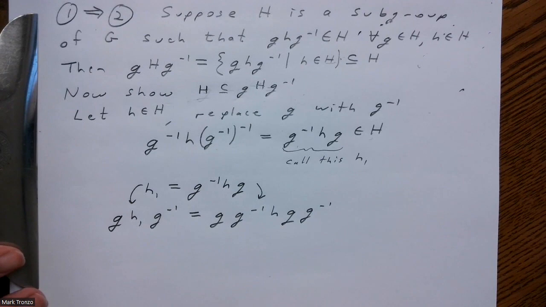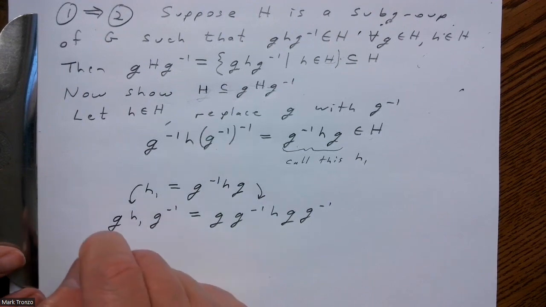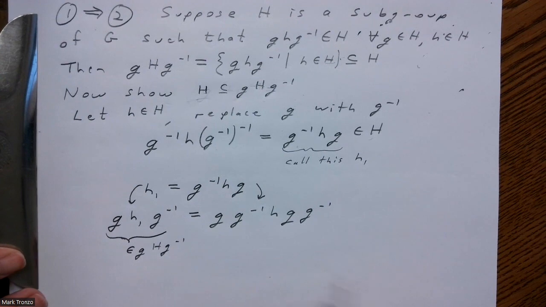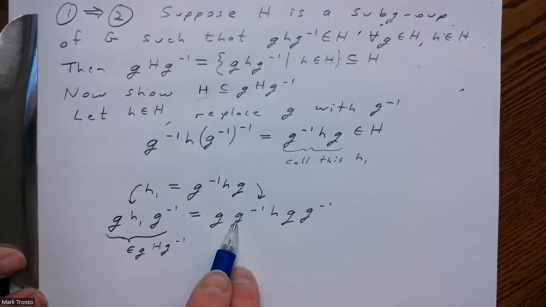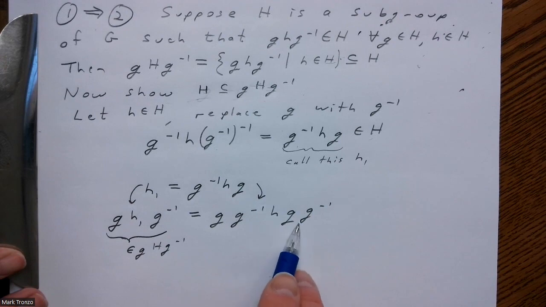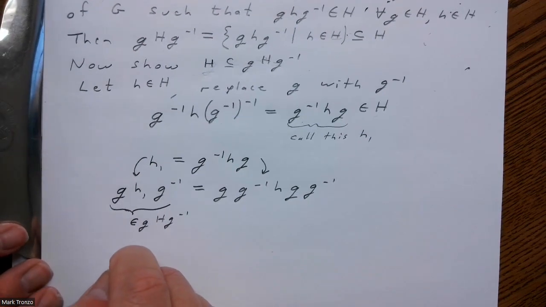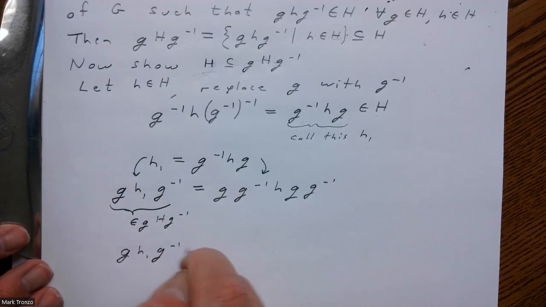And then, of course, this right here is going to be in GHG inverse. And now, of course, this is just the identity. This is the identity. So the right-hand side just becomes h. So g h1 g inverse is equal to h.